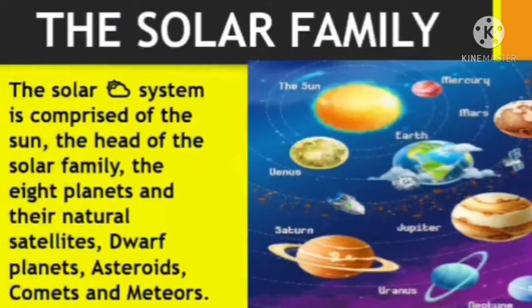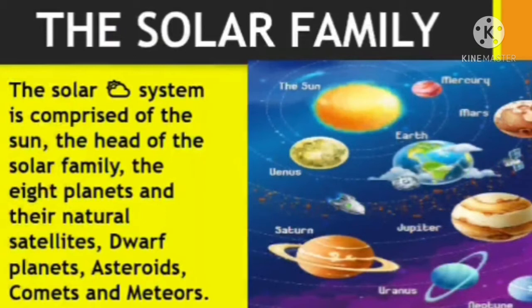Now, this is the solar system. The image before you, you see the sun at the middle. Then you see the 8 planets revolving and rotating around the sun. So the solar family comprised of the sun as the head of the solar family. Then the 8 planets, Mercury, Venus, Earth, Mars, Jupiter, Saturn, Uranus, Neptune.